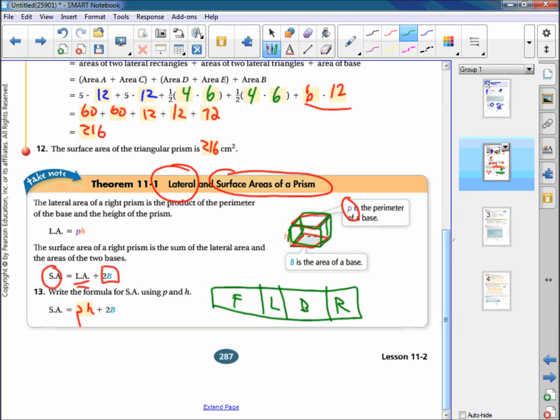Each of those rectangles has the same height of H. So we can think of them as one big unfolded rectangle, which has a distance of P across, the perimeter, starting from here and walking around. So we have one big rectangle where the base or the length is the perimeter and the height is our width. And then we still have to add on the 2 bases.